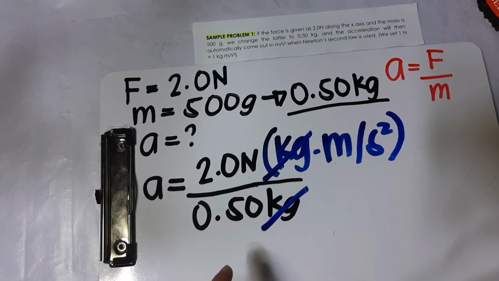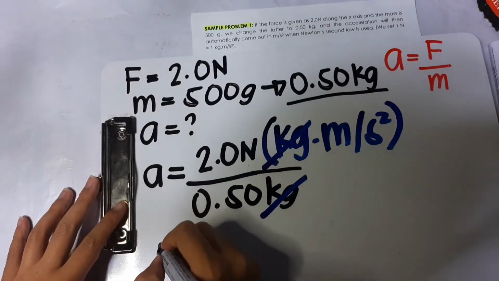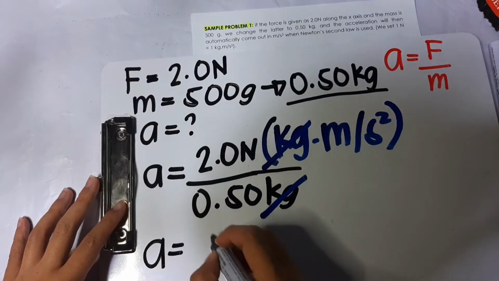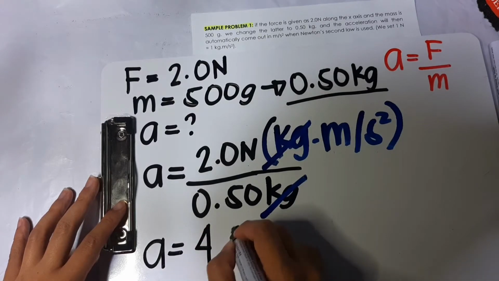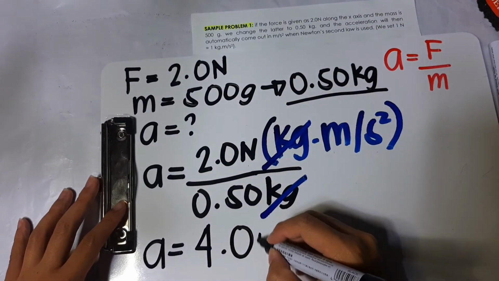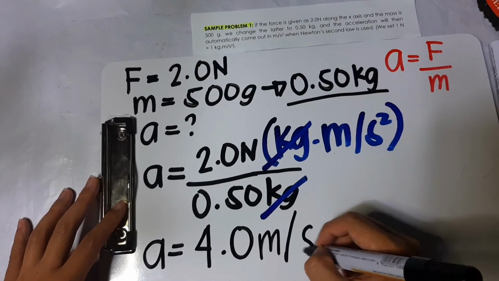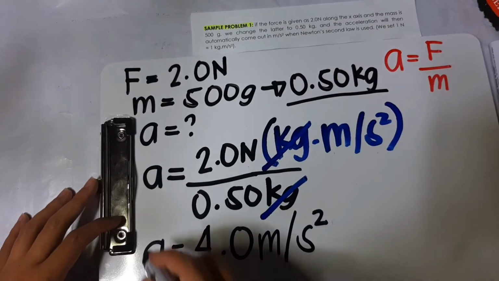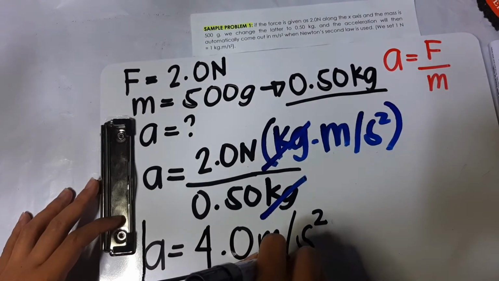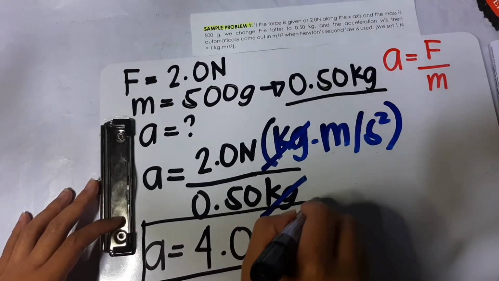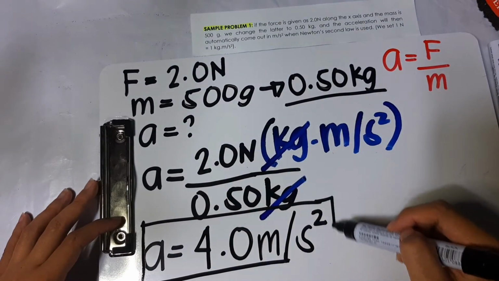So, 2.0 Newtons divided by 0.50 kilograms, your acceleration will now be 4.0 meters per second squared. This is now the acceleration of the object.